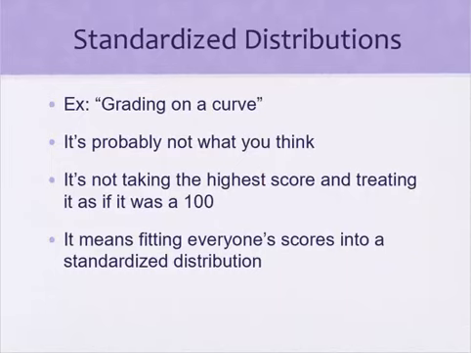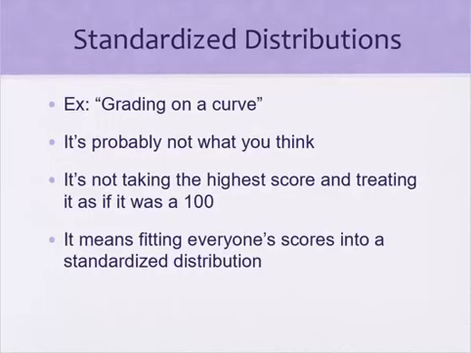The last thing I want to talk about here before ending for the day is this idea of grading on the curve. It works a lot like the way the SAT stuff works. It's probably not what you think. A lot of students seem to think that when a professor grades on the curve, they take whatever the best score was, say the best score somebody got on an exam was 92, and they treat it as if that was 100%, and then they adjust everybody else's scores accordingly.